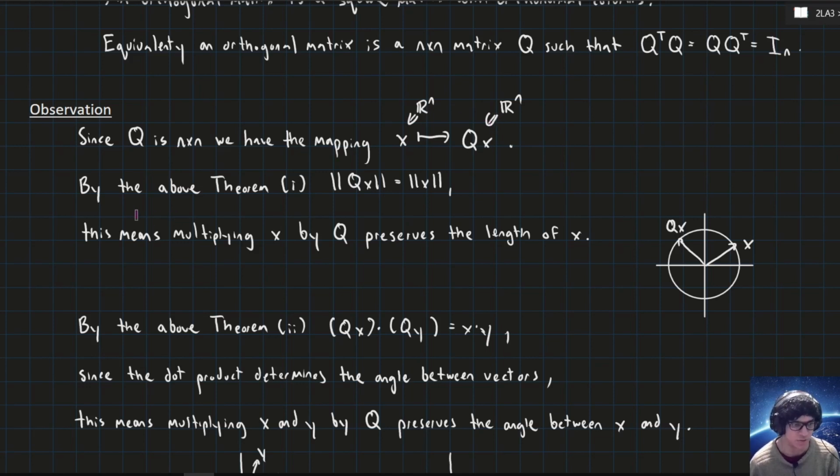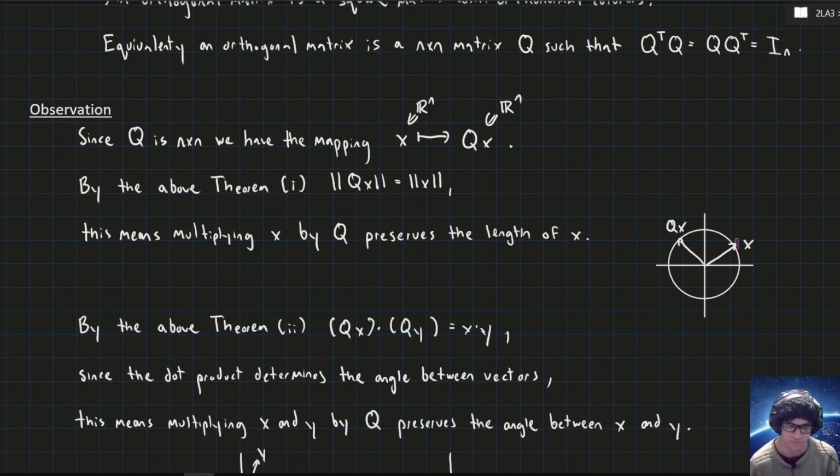By the above theorem, the length of Q times x is equal to the length of the original x. So multiplying x by Q preserves the length of x.